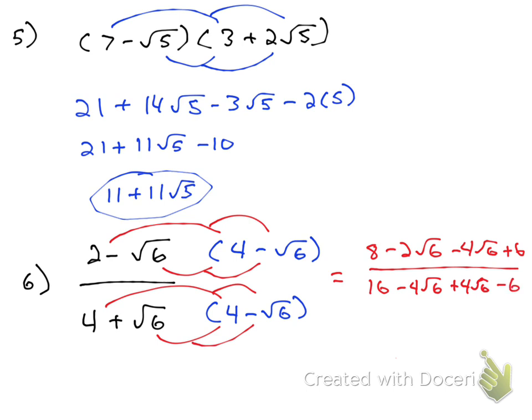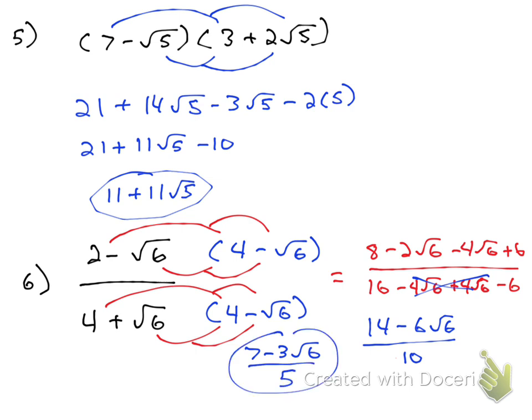So that cancels, and that will give me 14 minus 6 square root of 6 over 16 minus 6 is 10. And then that simplifies to 7 minus 3 square root 6 over 5, because 14, 6, and 10 are all divisible by 2.